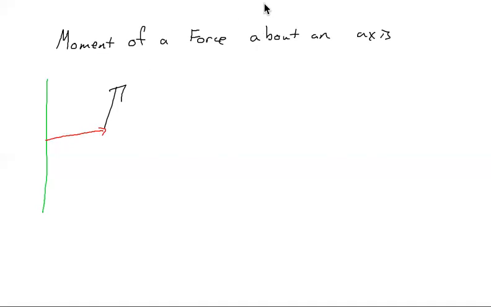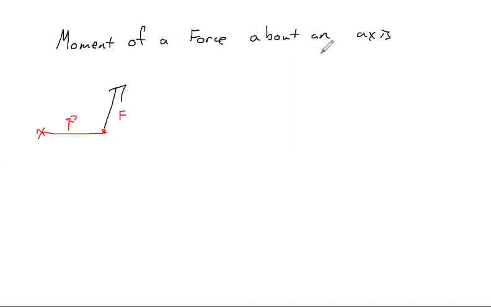We draw our lever arm. It should always be perpendicular to the axis of rotation. Let's just draw this like a top-down view, so it's clear. There we go. And then we'll have our axis of rotation here.